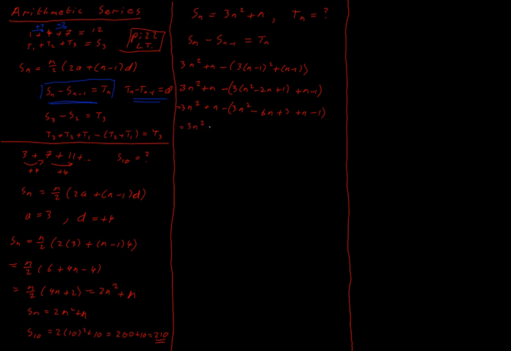That's 3n squared plus n minus 3n squared plus 6n minus 3 minus n plus 1.